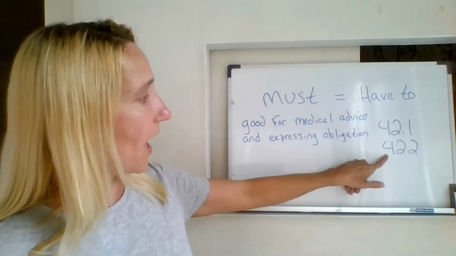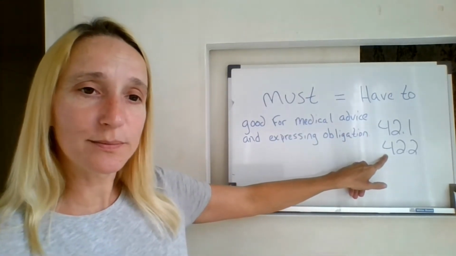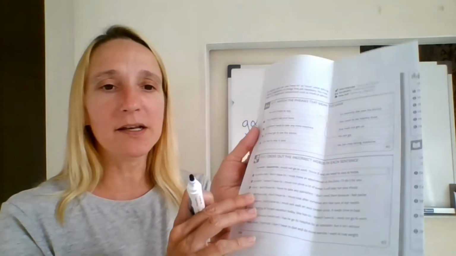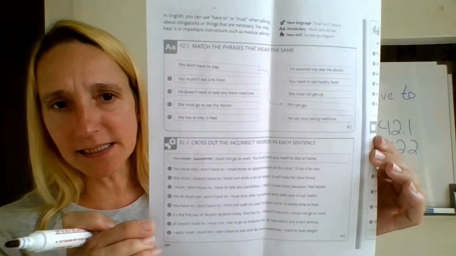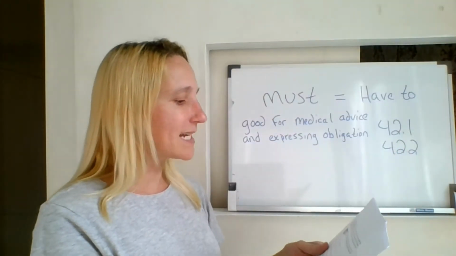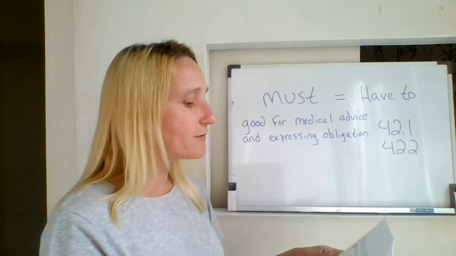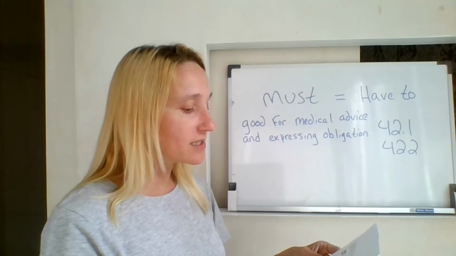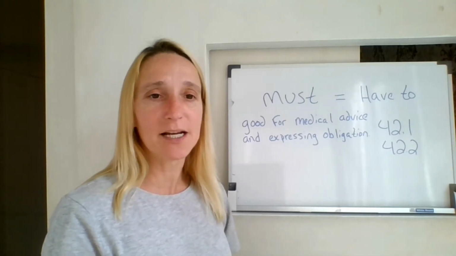Okay? In English, it says at the top of our paper, by the way, we are doing exercise 42.1 and 42.2. Okay? And at the top of 42.1, your page should look something like this. And at the top, it reads, in English, you can use have to or must when talking about obligations or things that are necessary.